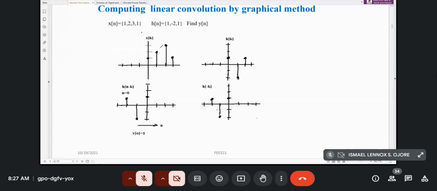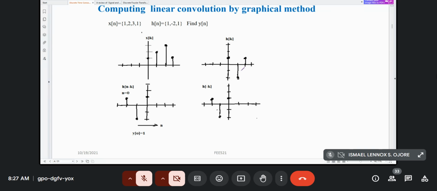I'm putting this graphically, starting at 0. So this is the 0th sample, this is the first sample, second sample, third sample. And then we have here h of k, the same way.